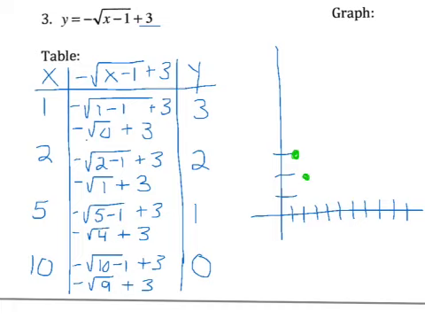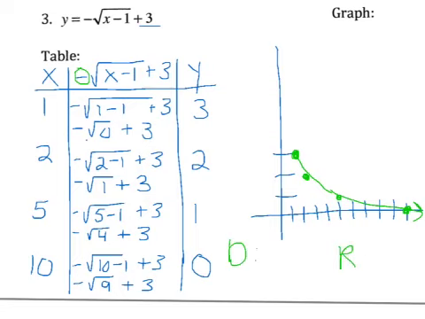Third point is at 5, 1. And my last point is at 10, 0. So since we started this graph at 1, 3, that's our starting point, and our graph is going down from there. Do you know why this graph is going down instead of going up? If you said because of the negative out in front, you are correct.